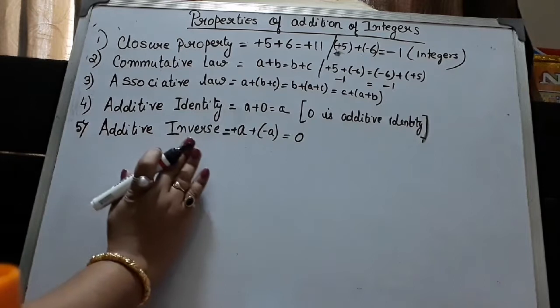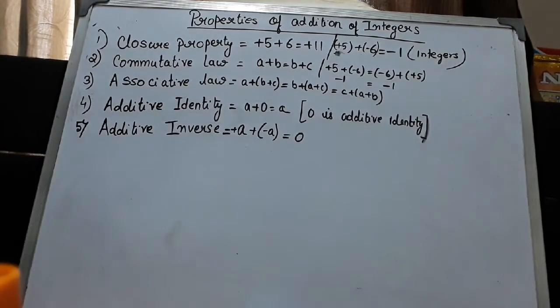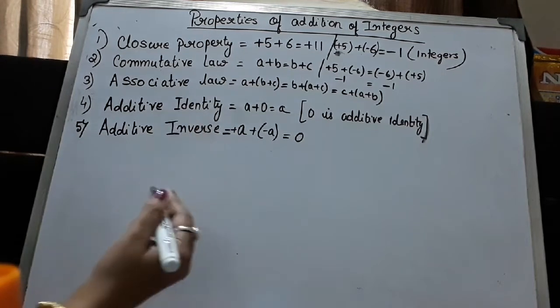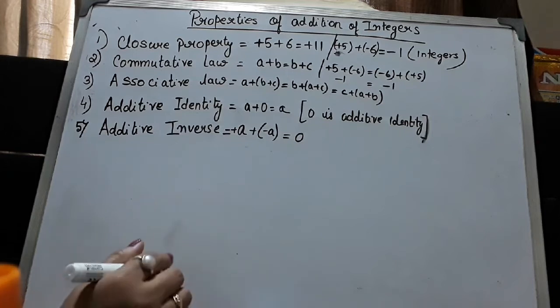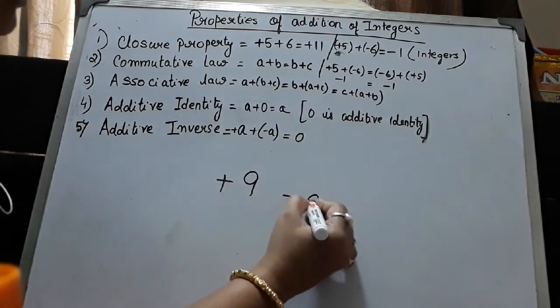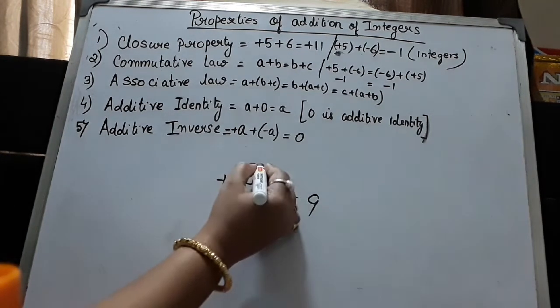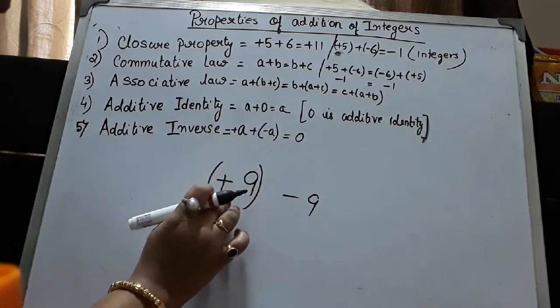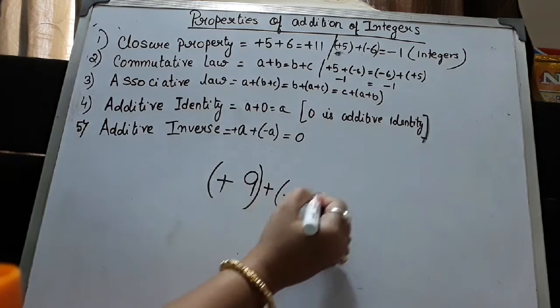Then comes additive inverse. The name is a bit standard, but the thing is very easy. Additive inverse means what? For every number there is one positive and negative side. 9, there is plus 9 also, minus 9 also. Right. Now what happens when we add any number with its inverse?